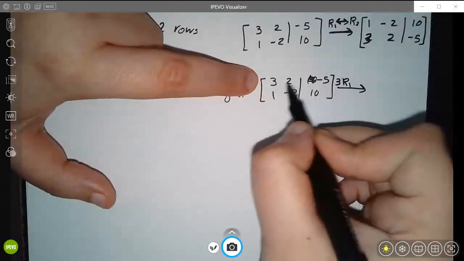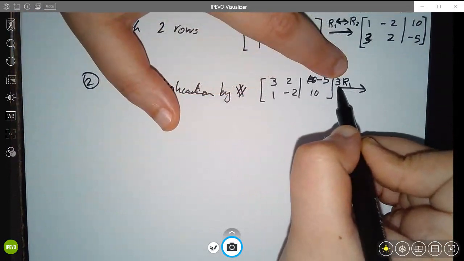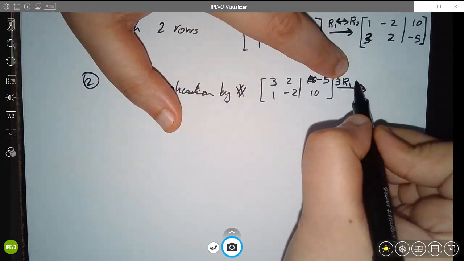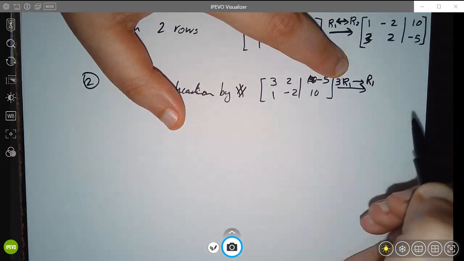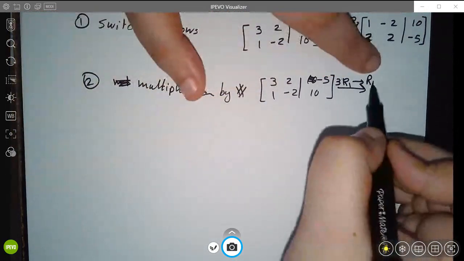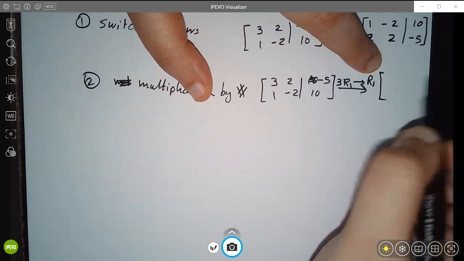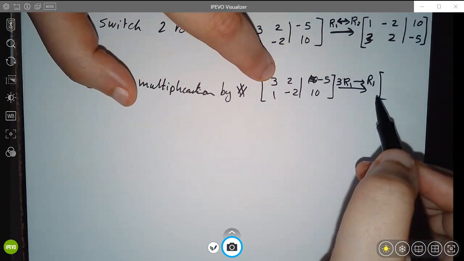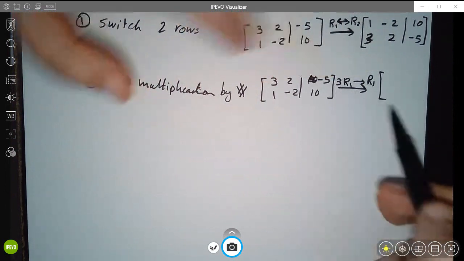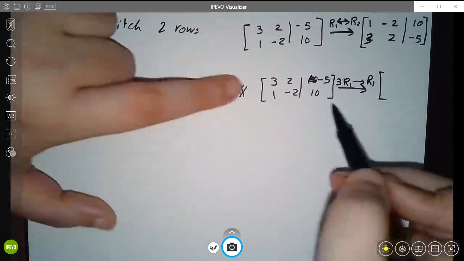So in this matrix, row 1, this one right here, is going to get multiplied by 3. And I'm going to say that it's going to turn into R1. That means that the row in the second one, or the resulting matrix, is going to be this same one, only it's going to be multiplied by 3. So 3R1 is going to turn into R1. That's the sign you write.